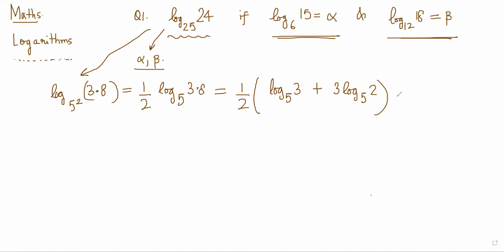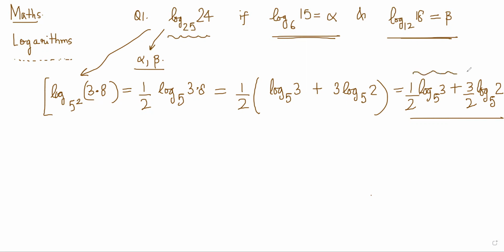Yeah. So you have half log 5 3 plus 3 by 2 log 5 2. This is what the answer should be. Now basically you have to find out this and this in terms of alpha and beta.